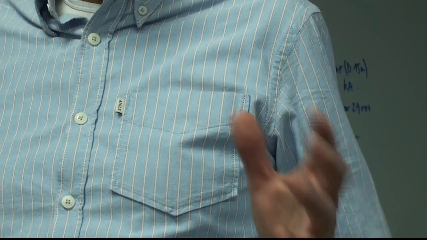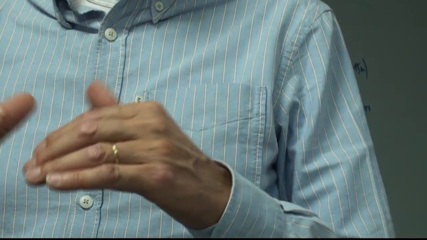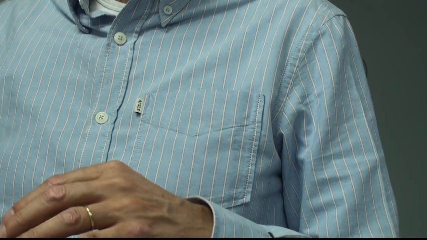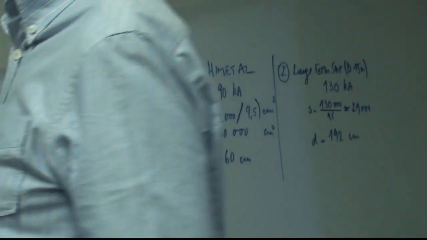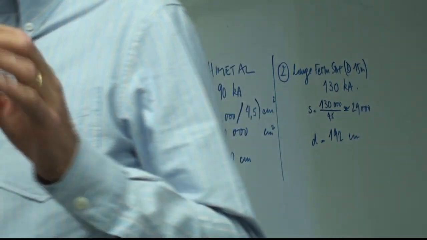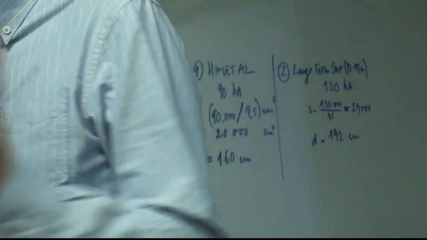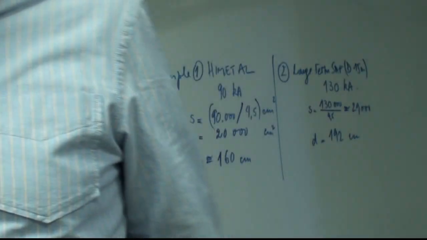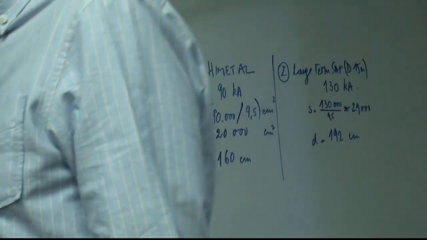And this is not depending on the current itself, because if the current is 100 kiloamps or 50 kiloamps, the current lines are the same. The line intensity is different, but the lines behave the same.